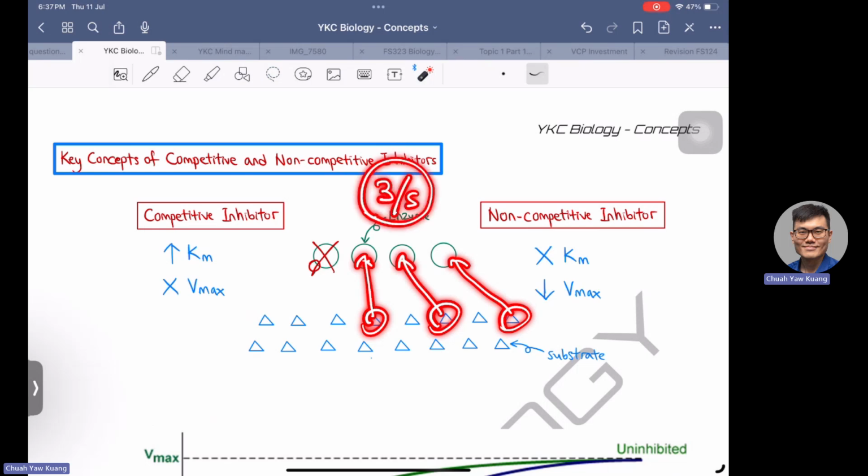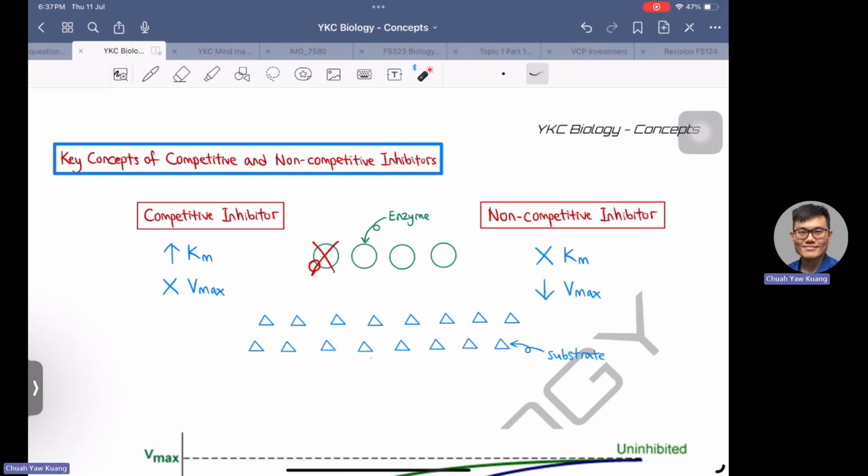So the rate of reaction has reduced from 4 per second to 3 per second because one of the enzymes has been shut down by the non-competitive inhibitor. That's why the non-competitive inhibitor will reduce the Vmax of the reaction.